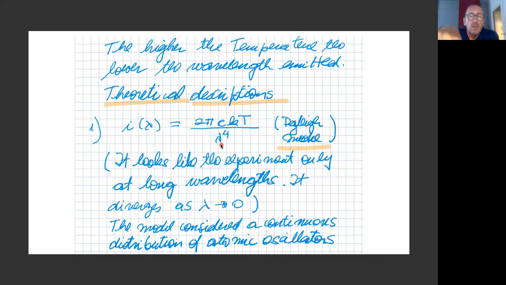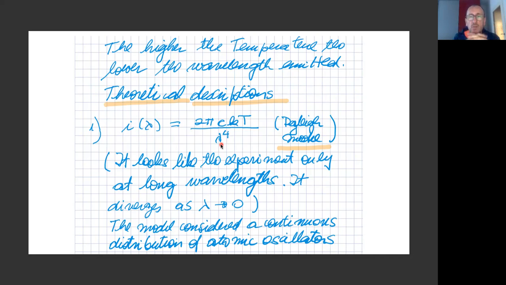They were considering a model based on continuous radiation, with a continuous distribution of atomic oscillators, and the energy of the system evenly distributed, one k_B T, the Boltzmann constant times the temperature, in each degree of freedom that the system has.